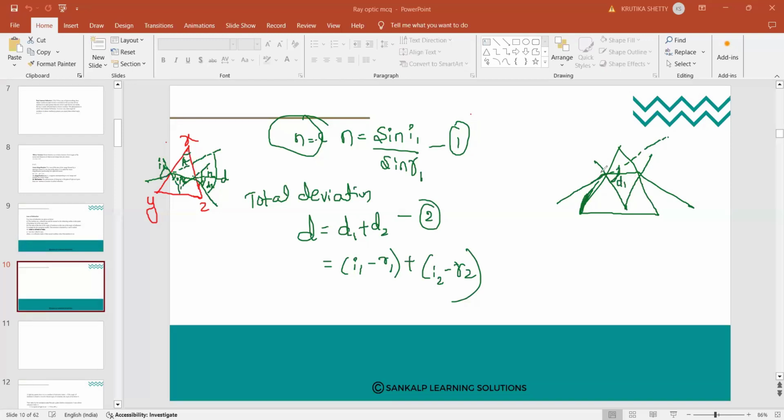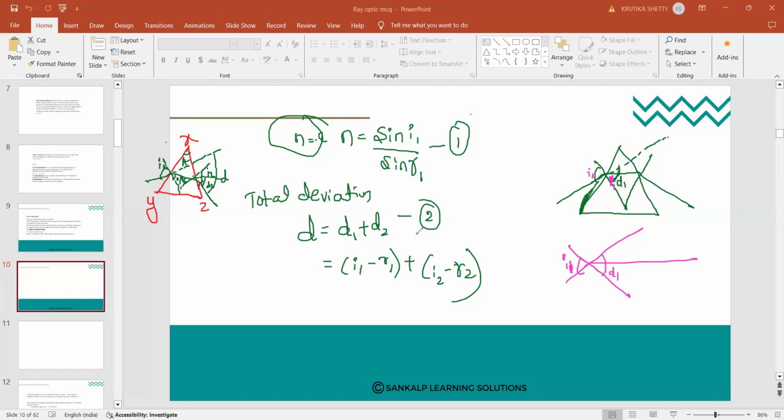Now here this much angle, the outside angle, it is I1 from the figure. So this is I1 and this total is D1. And in between, whatever the angle is there, this is R1. Here you can see, this is I1, and this total is D1.